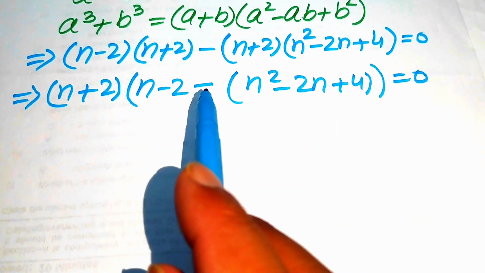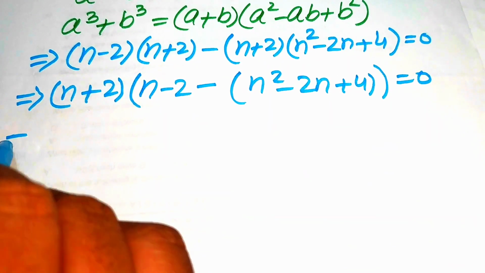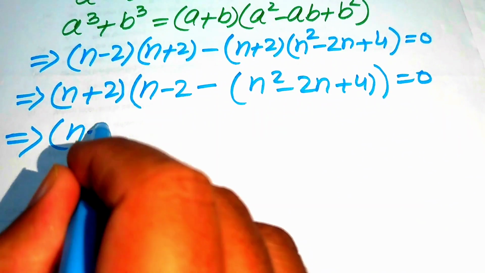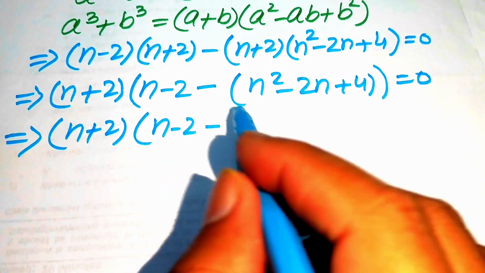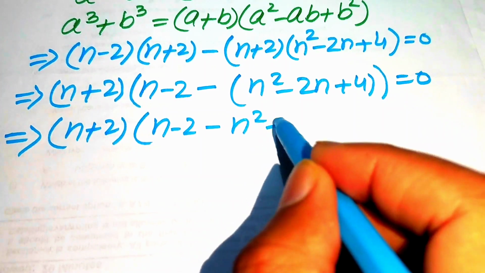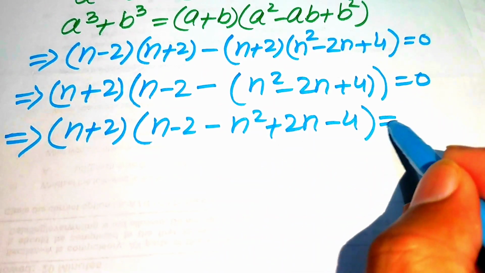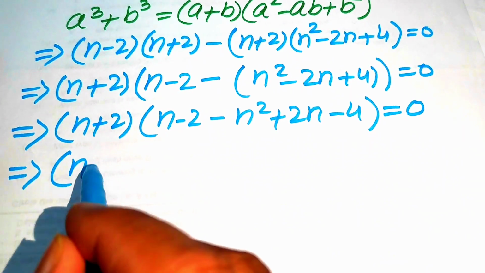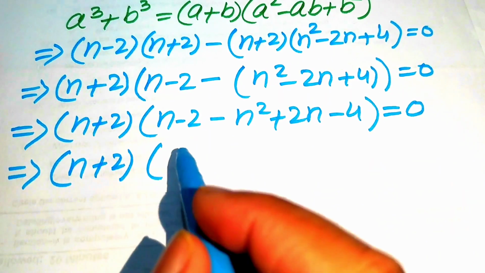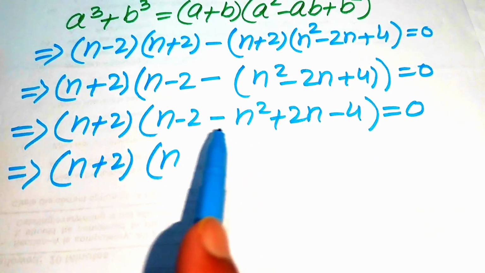In the next step we multiply this minus sign on each of these terms, and we get n plus 2 times n minus 2 minus n squared plus 2n minus 4, and this whole equals 0. Now we add or subtract the like terms.